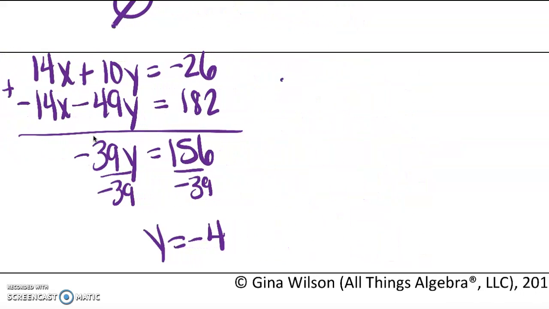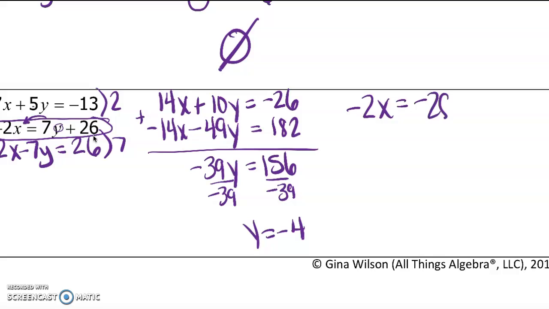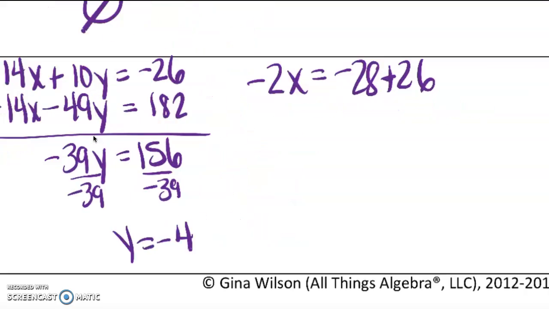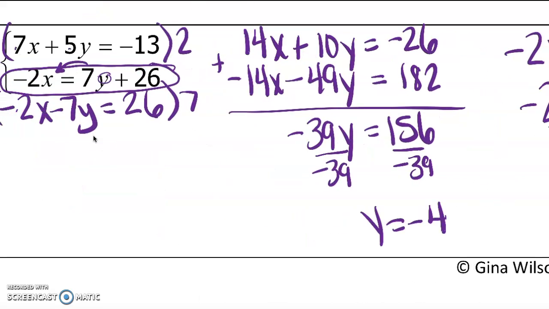So that would give me -2x equals 7 times -4 is -28 plus 26. Again, if you can do that without writing it all out, that's great. -2x equals -2. X equals 1. So 1, -4 is your ordered pair.